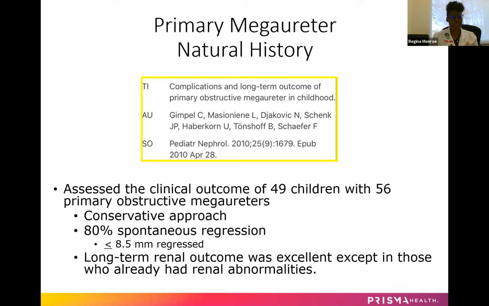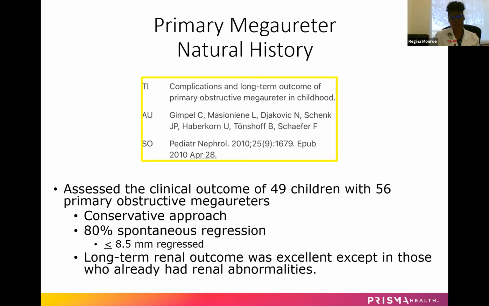So this was a study done in Germany where they followed 49 children with 56 primary obstructive megaureters. And they took a conservative approach, which was serial imaging with ultrasound and continuous antibiotic prophylaxis. And what they found is about 80% of the ureters regress spontaneously.